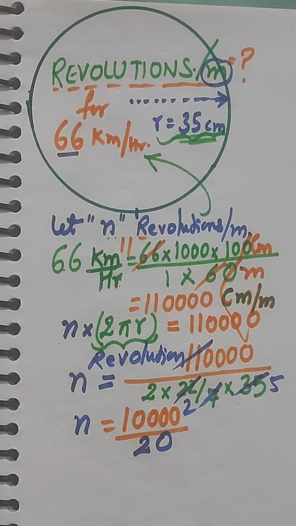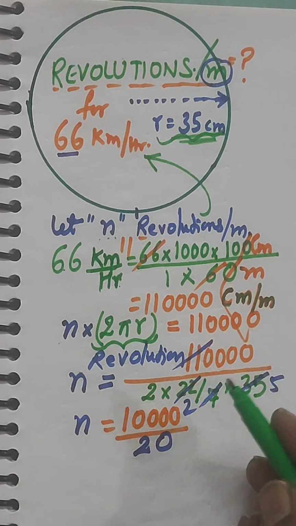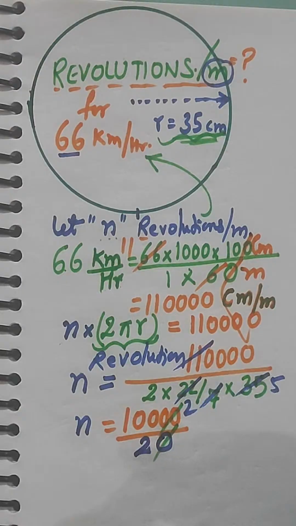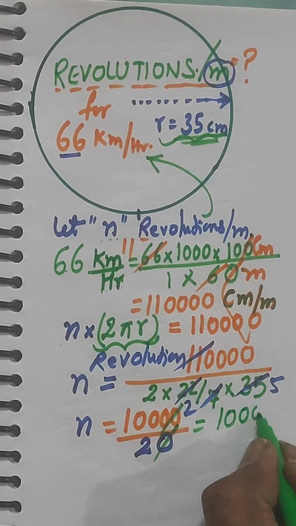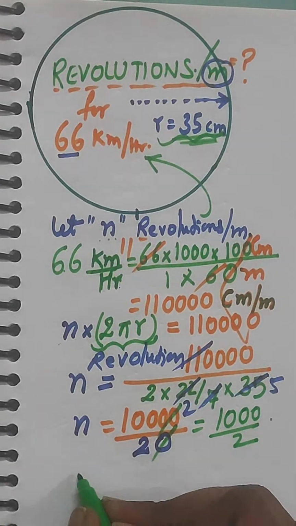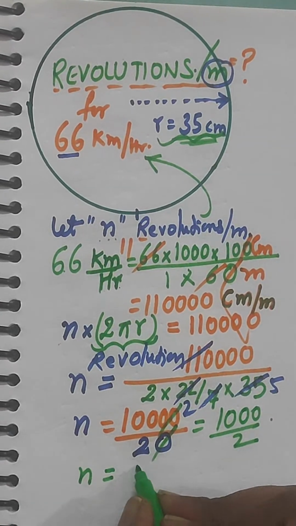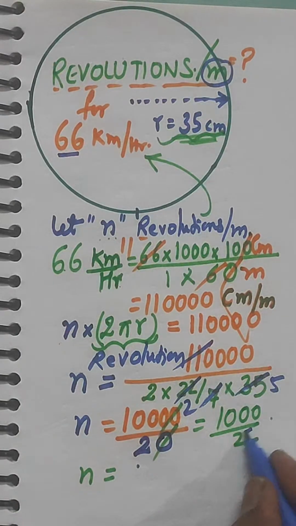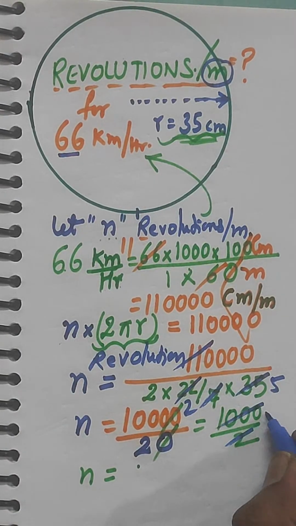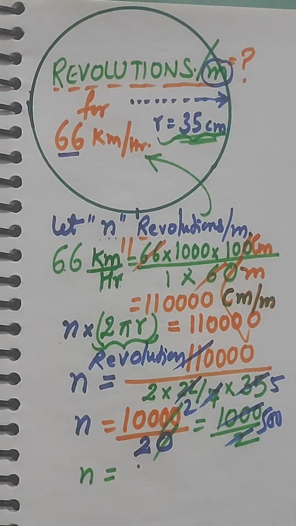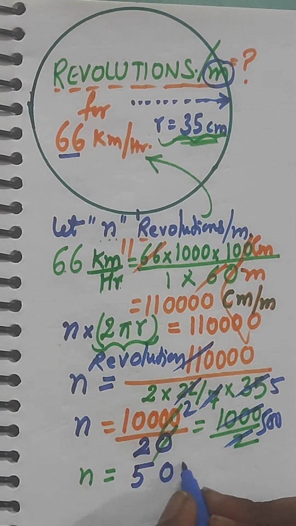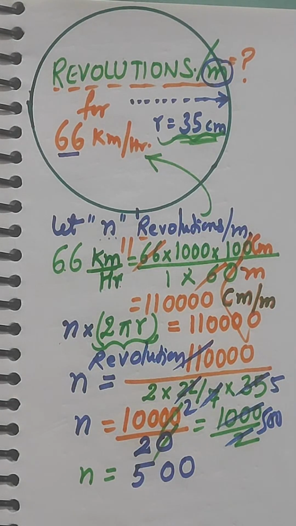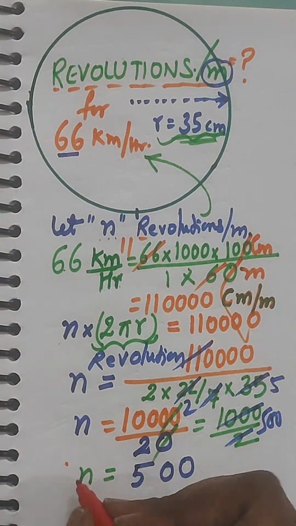On further calculation, 10 and 10 will cancel out, and we get 1000 by 2. This will give you the value n equal to 500. So we can say that this is our answer.